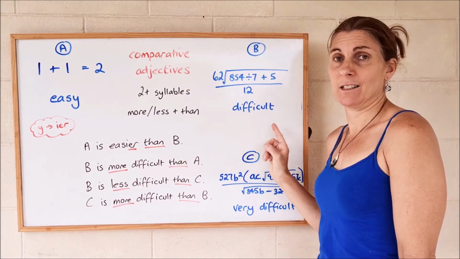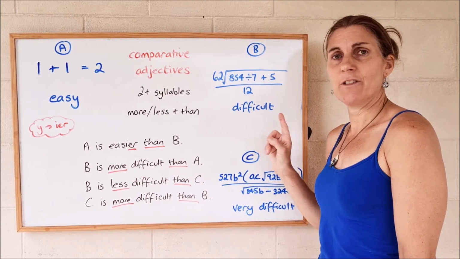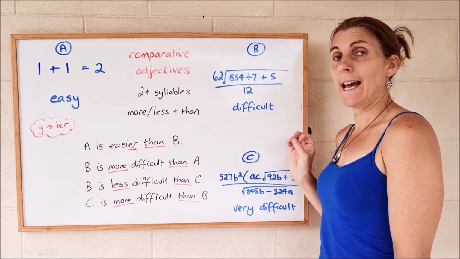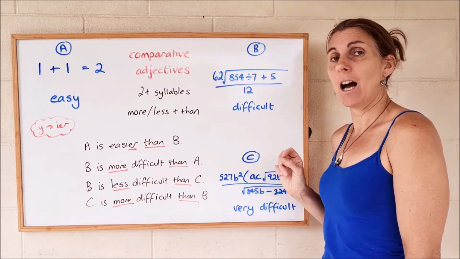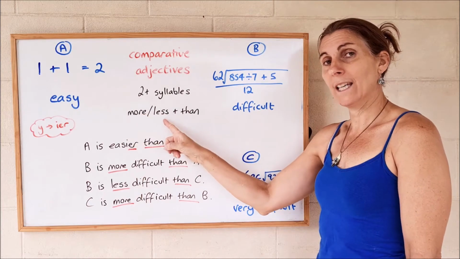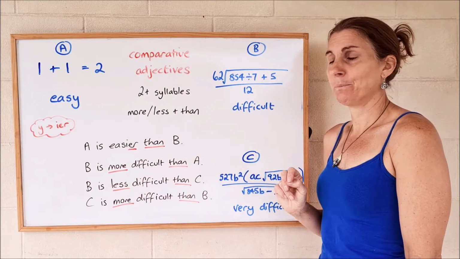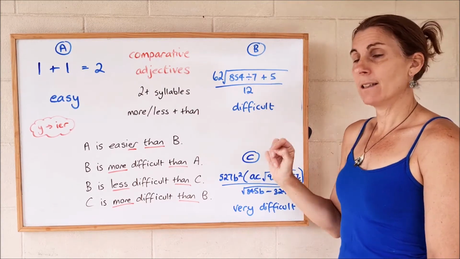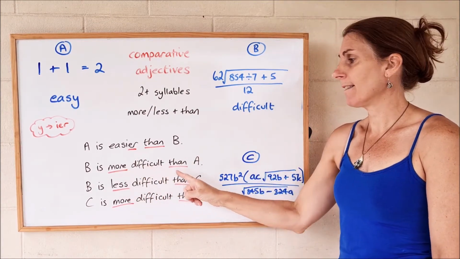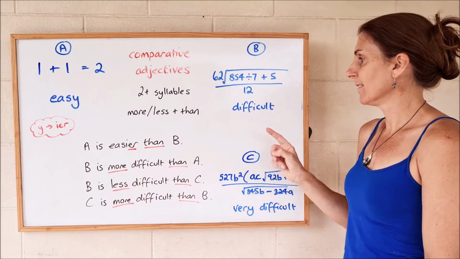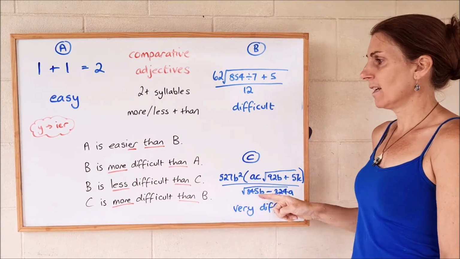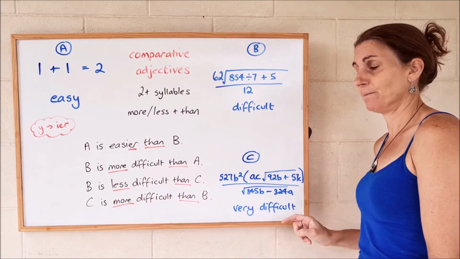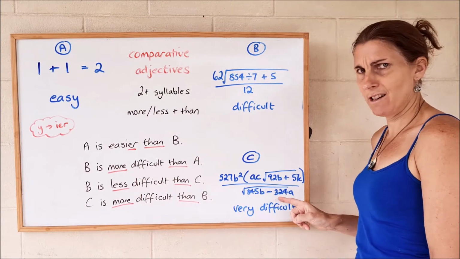Okay, now difficult. Difficult has three syllables. This is a longer adjective. With our longer adjectives, we don't add ER. We use more or less and the word than. So for example, here with difficult, B is more difficult than A. But here, B is less difficult than C. So C is very difficult.